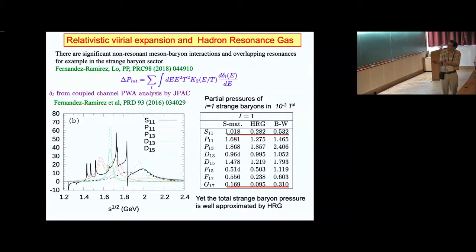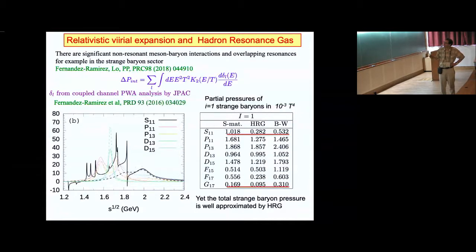And in some cases, of course, the Breit-Wigner is good enough, like for example in this green line, but in most of the cases, the Breit-Wigner doesn't capture the spectral density very well. Moreover, thinking that you could approximate the spectral density by a bunch of delta functions is certainly not going to work. So what we did, we just calculated the pressure according to this formula, putting the phase shifts as they are, trying to use a Breit-Wigner approximation, as well as trying to use the standard Hadron Resonance Gas approximation, where you just treat all the resonances as quasi-particles, and we calculate the contribution to the pressure from these partial waves.